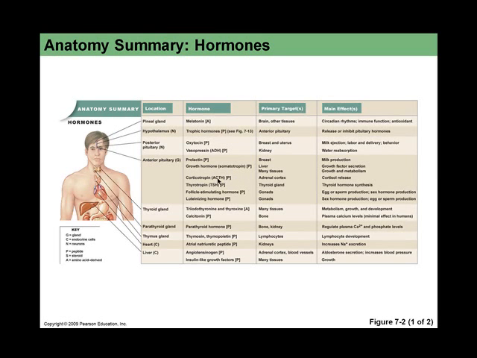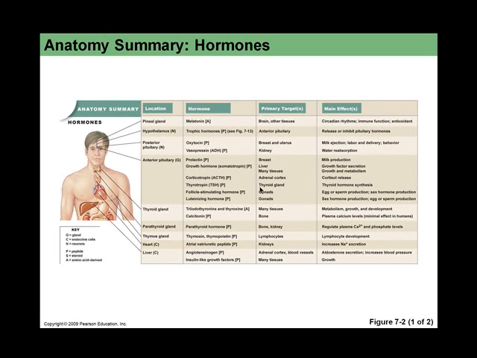Corticotropin, or adrenocorticotropin, the ACTH, targets the adrenal cortex, the outer layers of the adrenal gland, and is responsible for cortisol release. The thyrotropin, or thyroid-stimulating hormone, targets the thyroid gland, of course, and thyroid hormone synthesis is affected.